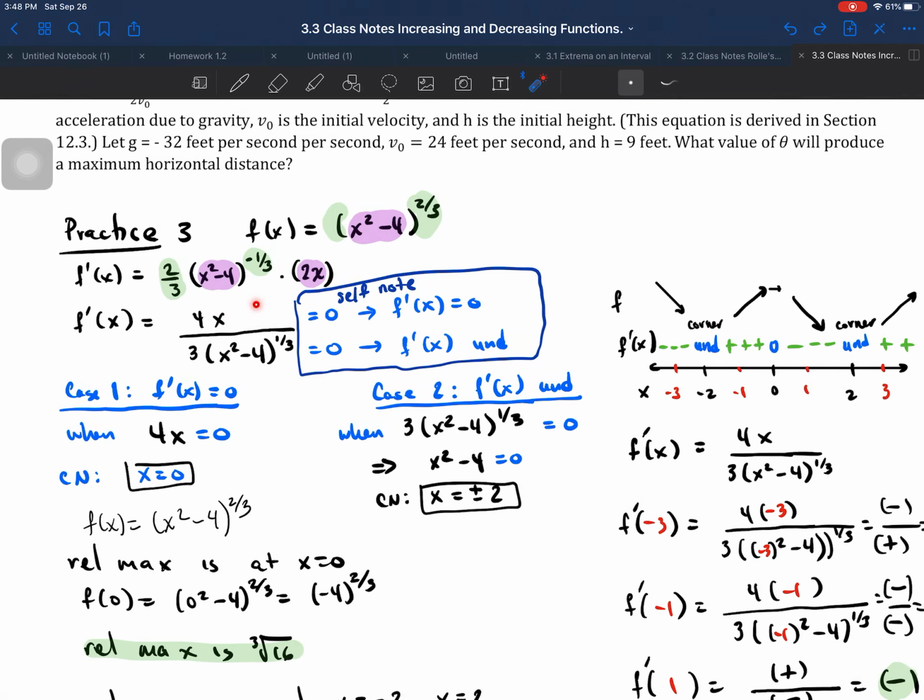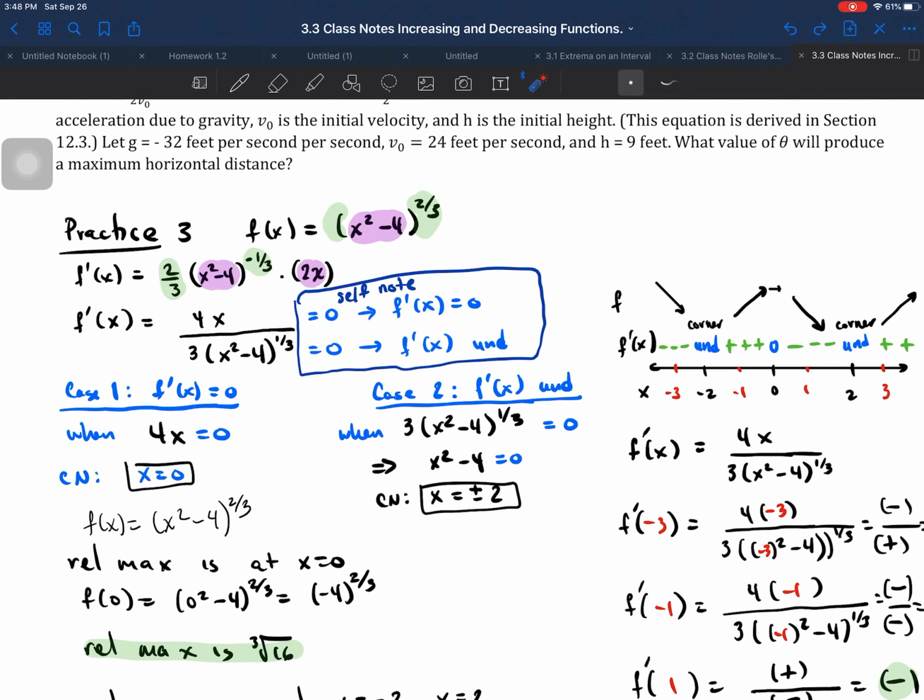That's the technique that we use, because the only way this is going to be 0 is whenever the numerator is 0. It doesn't depend on the bottom. Now, this whole thing is undefined whenever the denominator is 0. So I have this structure in my mind. I look for whenever the numerator is 0, and I look for when the denominator is 0, and that gives me the two critical numbers that I need.